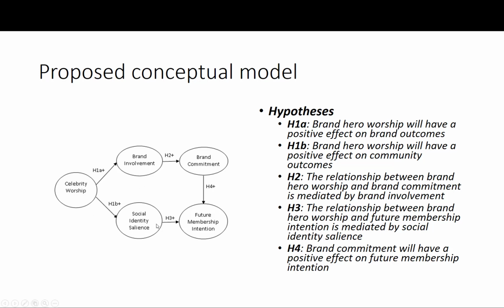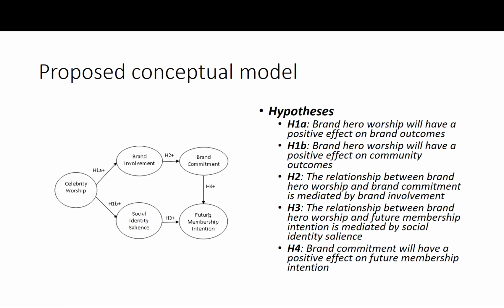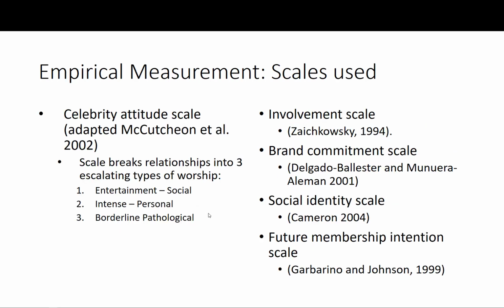Similarly with brand involvement, social identity, and future intention, if I wanted to do this analysis, it would be multiple regressions testing each one of the hypotheses separately. However, in a structural equation model, it tests all of the relationships simultaneously.